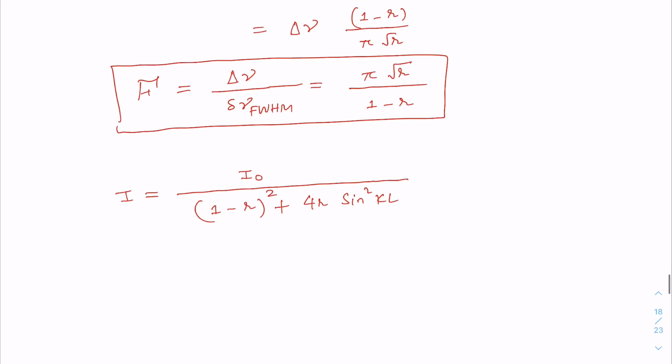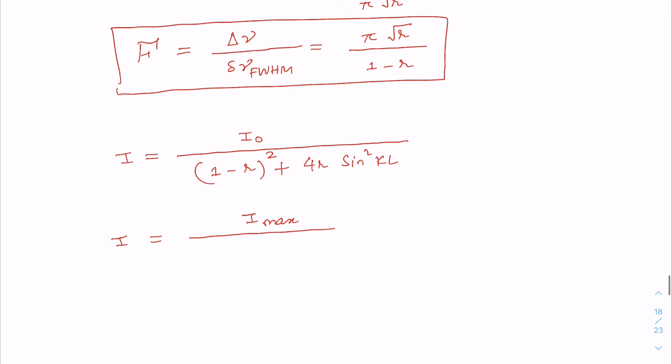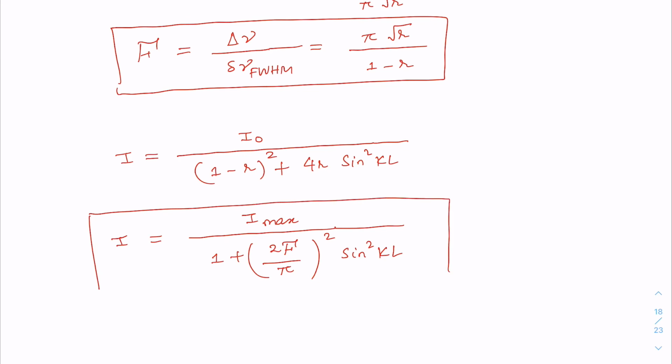This we can rewrite in the standard form, and that would be I is equal to I max divided by 1 plus, you can please verify, twice the finesse by pi whole square sine square KL. So this is the standard form for the expression for the intensity of a Fabry-Perot cavity.